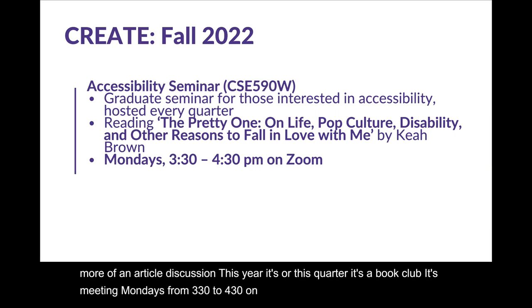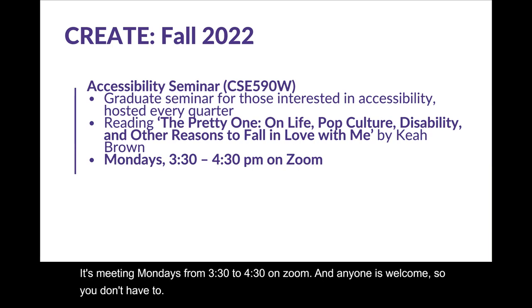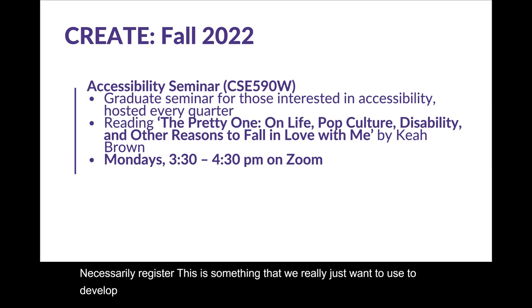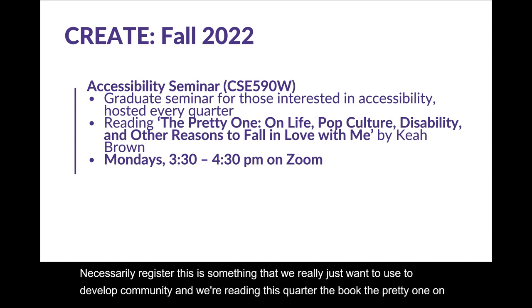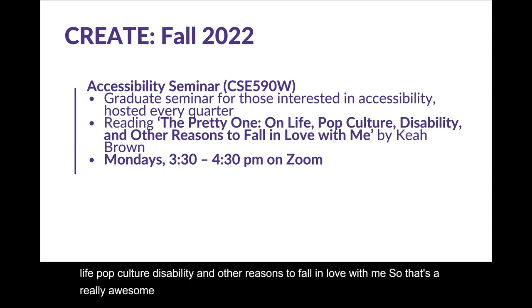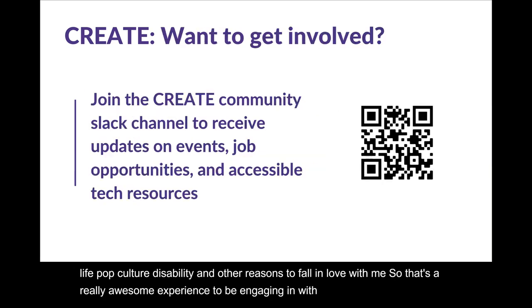And anyone is welcome. So you don't have to necessarily register. This is something that we really just want to use to develop community. And we're reading this quarter the book, The Pretty One, on life, pop culture, disability, and other reasons to fall in love with me. So that's a really awesome experience to be engaging in with your peers.